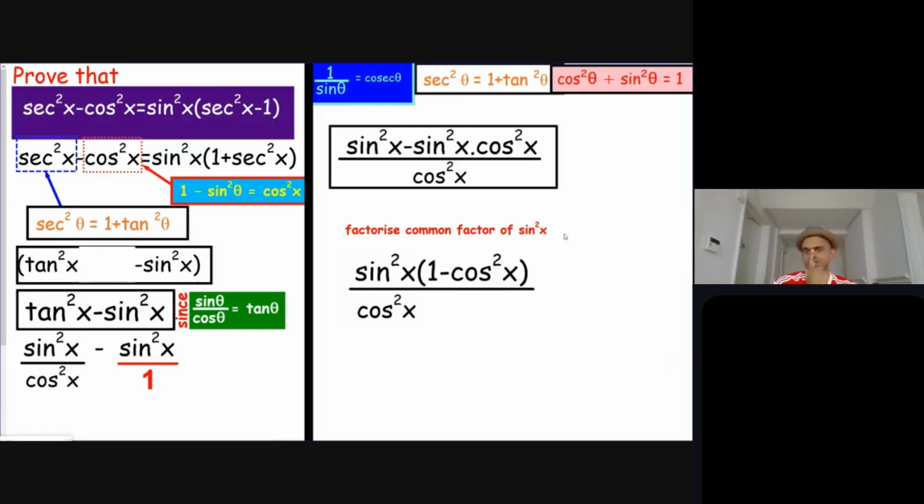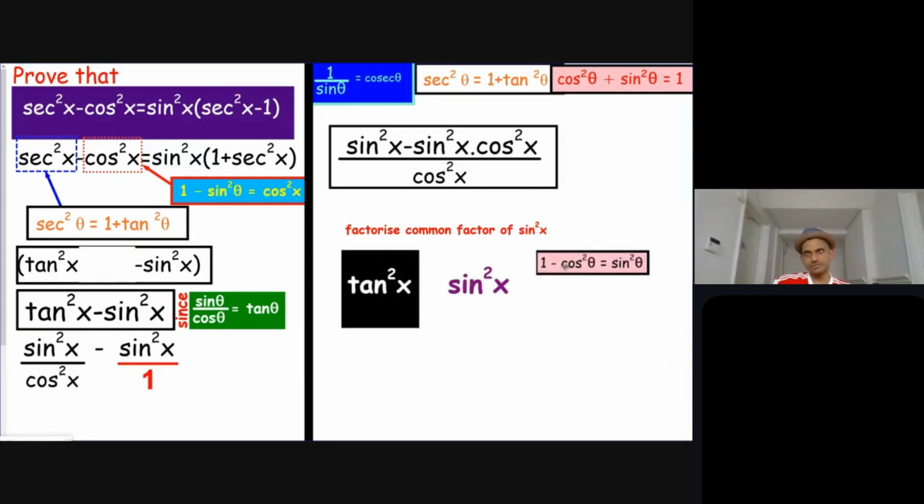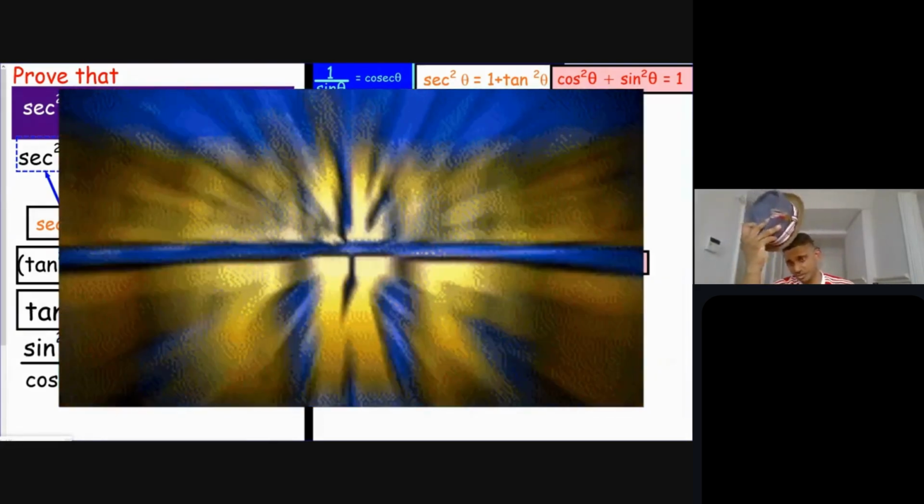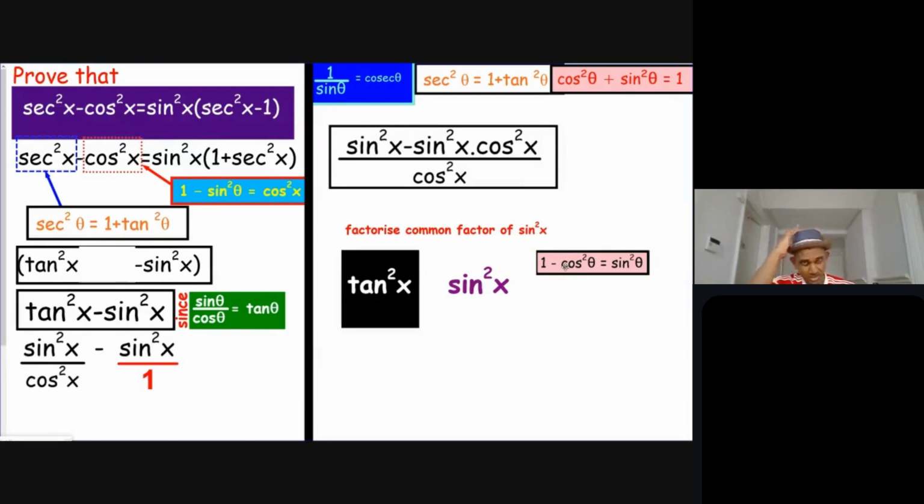I look at the answer and I'm so close to the sine squared, but I need to create sec squared minus 1. And I know sec squared can be written in terms of tan, and tan can be written in terms of sine over cos. So what I can do is pause for the wonderful graphics first.